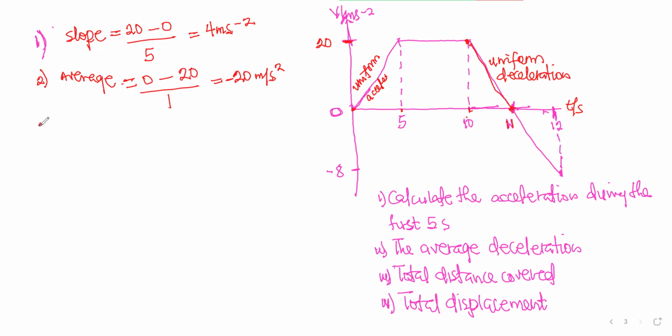Then the third part, the total distance. I said the area under a velocity time graph is equal to the total distance traveled. Now, it made some movements over the positive values, and also some movement over the negative.